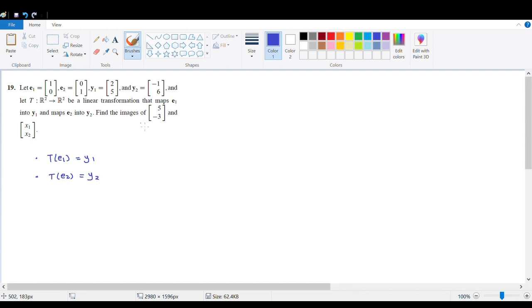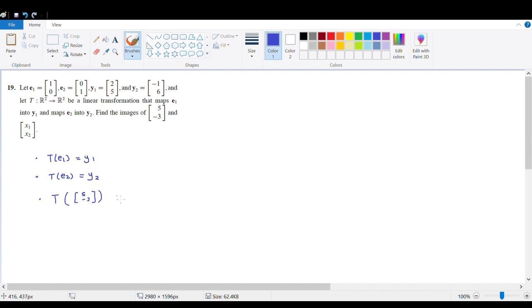Find the images of (5, -3) and (x1, x2). So now we need to find what is T of (5, -3). We need to find the image of this one.